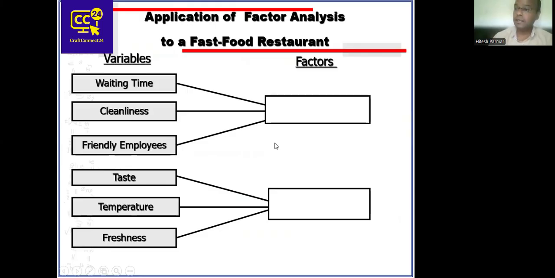Because they are hidden, they are not directly visible, we need to give some appropriate names to the factors. So what names do we suggest? Considering the fast food restaurant, considering the nature of the variables, what names do you suggest?